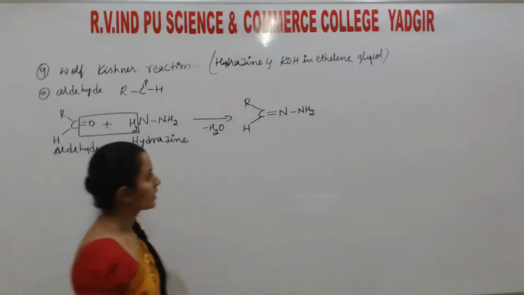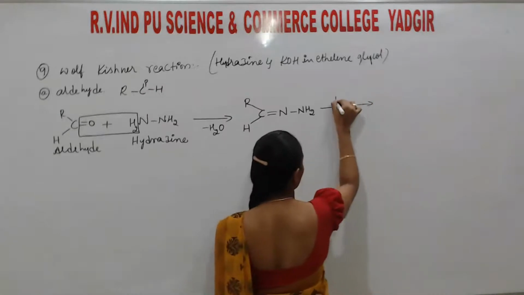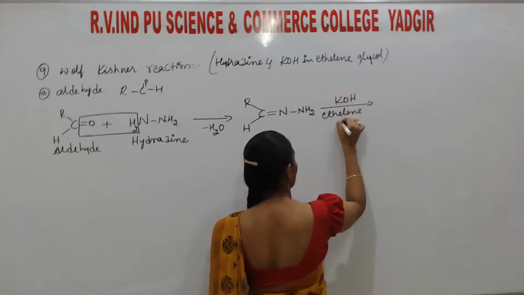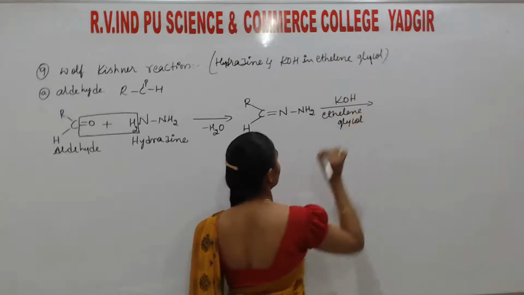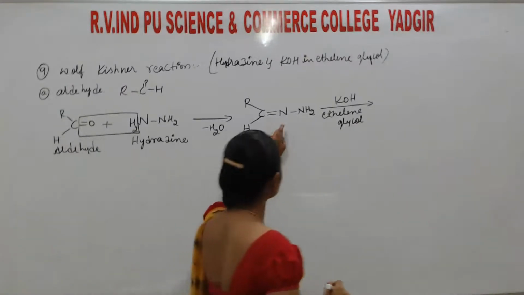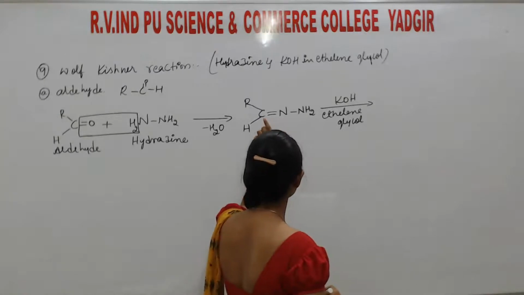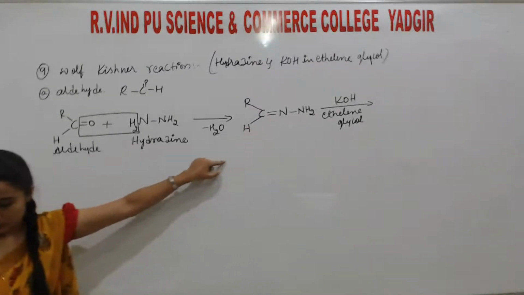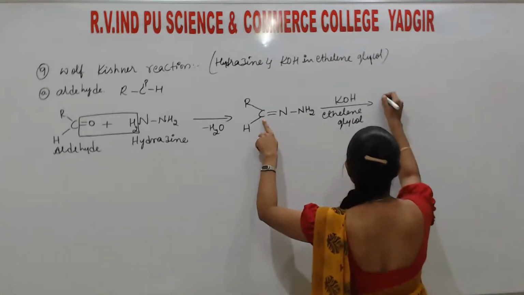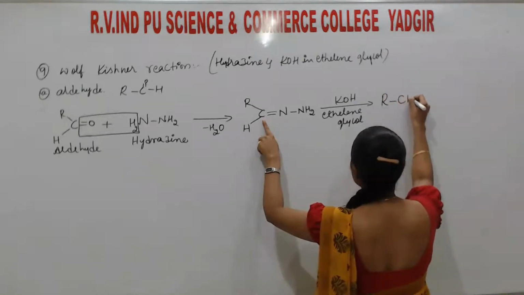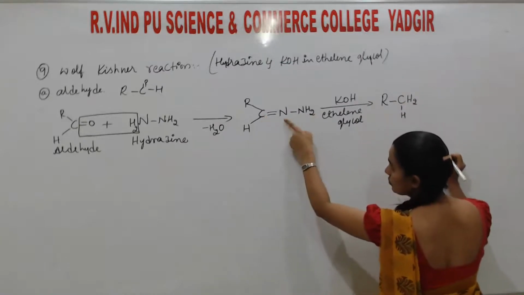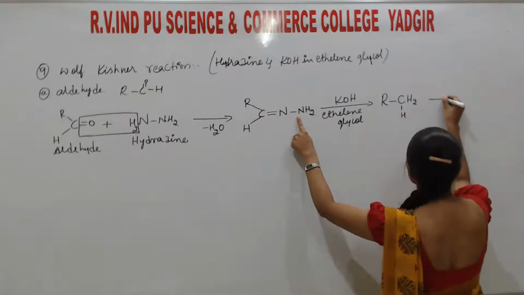Okay, so next, it is further treated with KOH in ethylene glycol. KOH in ethylene glycol. So note down, students, here addition reaction takes place. So this H2 is going to add here, R, C, H2. N2 is eliminated.